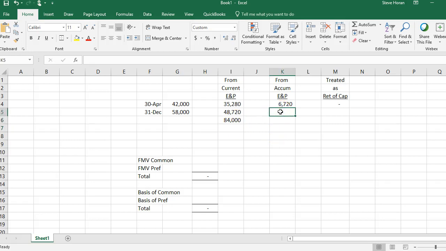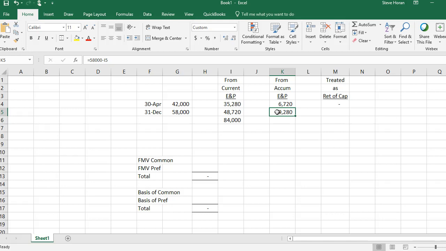Okay, then I do the additional part over here. And I take the 58,000, from out here, and I subtract the 48,720. I get 9,280. Okay. But then I have to worry about my remaining accumulated E&P.